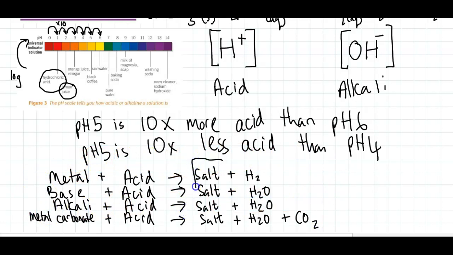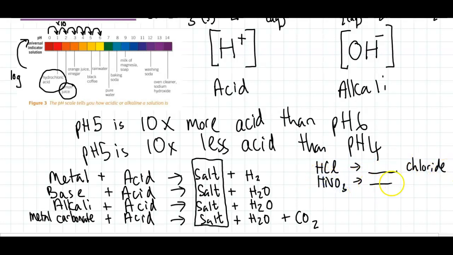The name of the salt always follows the same rule. Whatever metal you've got and whatever acid you've got determine the name of the salt. So if it's hydrochloric acid, you always get something chloride. If it's nitric acid, you always get something nitrate. And if it's sulfuric acid, you always get something sulfate.